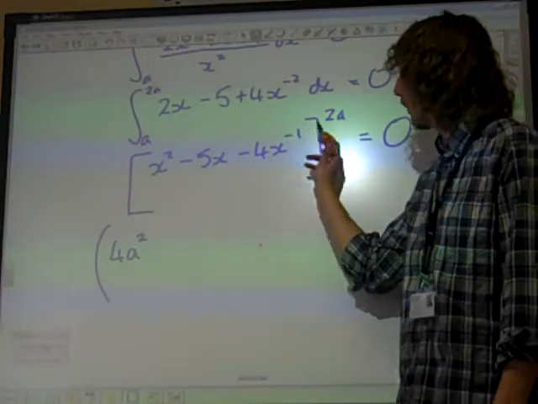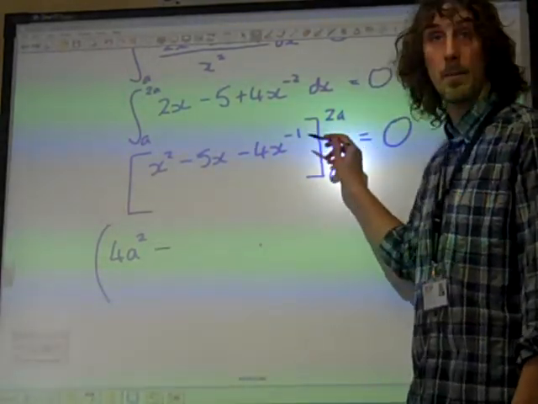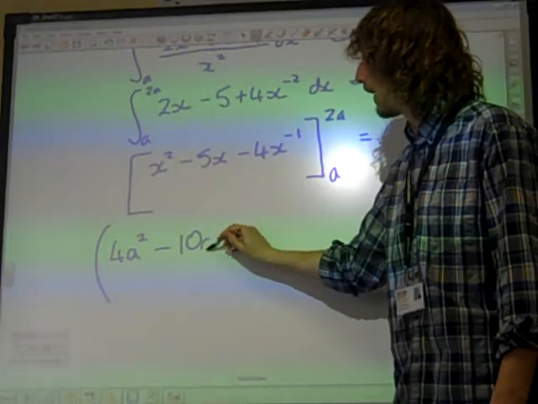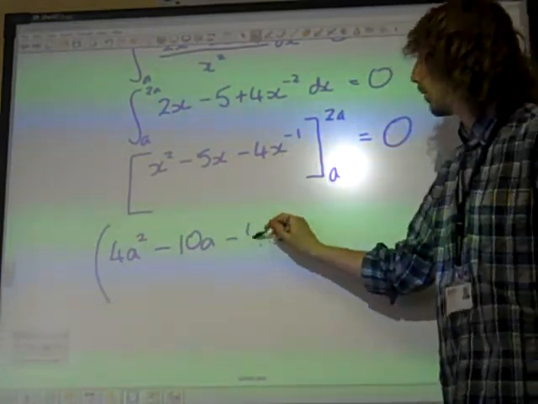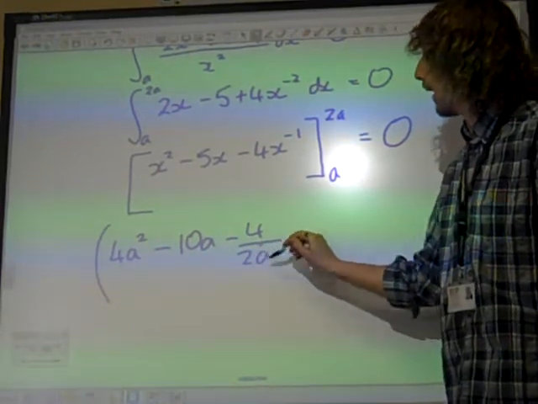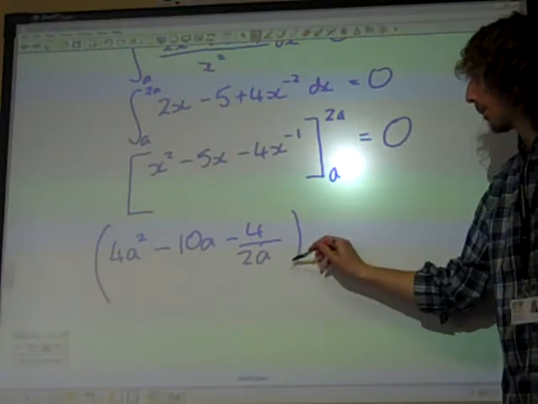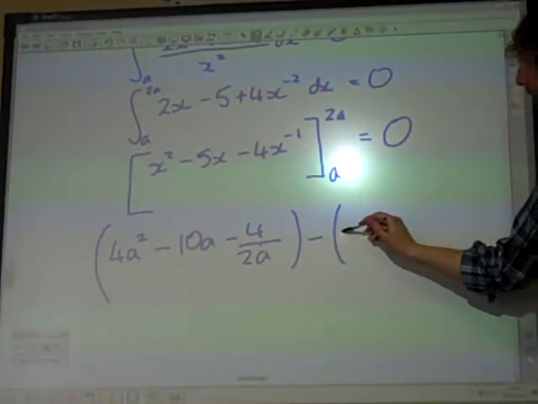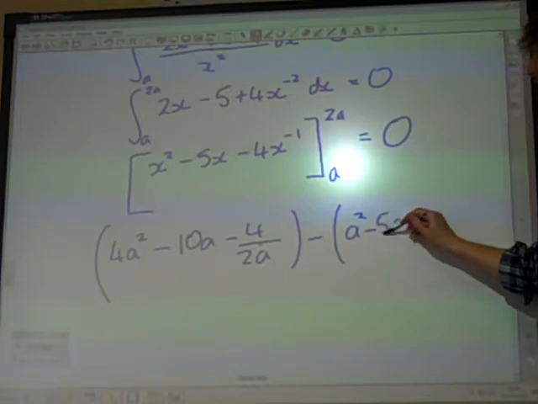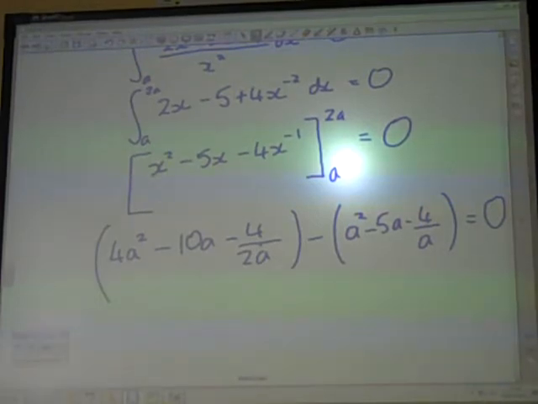But if we square 2a, we get 4a squared. 5 times 2a is 10a. And this is minus 4 divided by 2a. And we'll deal with that in a moment. Then we're going to subtract what we get when we put a in. That's a squared minus 5a minus 4 over a. And altogether that's equal to 0.